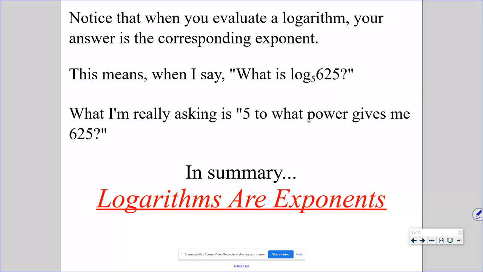In your head, you need to be thinking about 5 to what power gives me 625? 5 to what power is equal to 625? And that number, that missing value, is what your logarithm is equal to, okay? So solving a logarithmic expression is the same as finding a missing exponent.